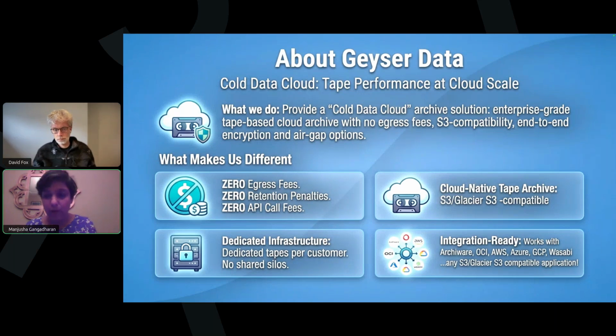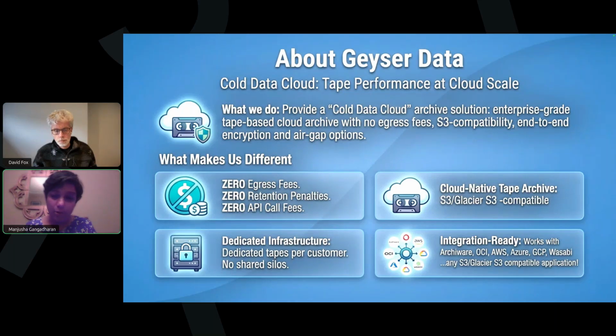So we do find quite a few AI use cases where Geyser Data is used in a very smart way. Now, what makes us different? We have zero egress fees, zero retention penalties, zero API call fees. So on an invoice that you might receive from us, we are literally a single line item for storage.